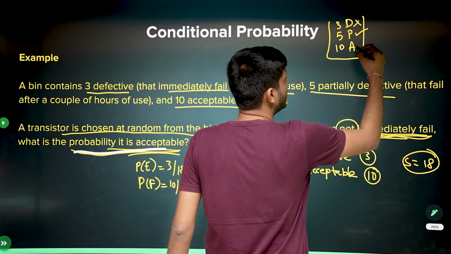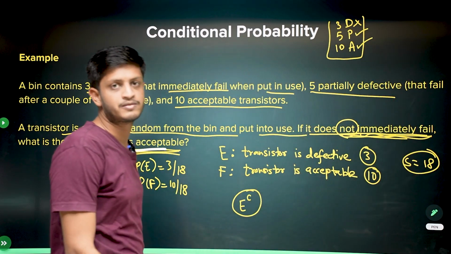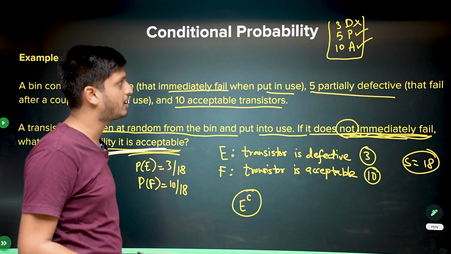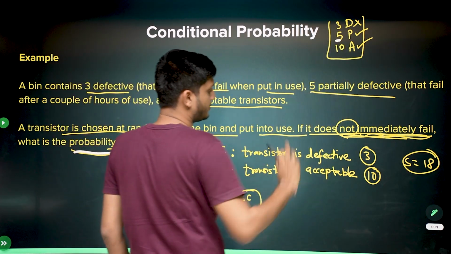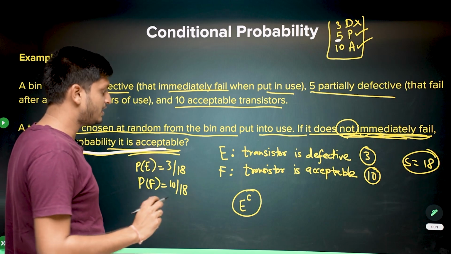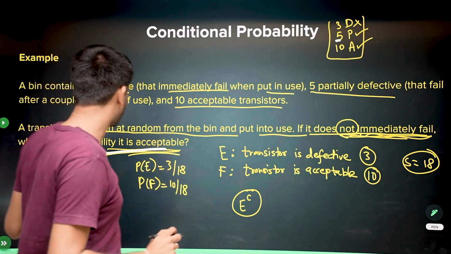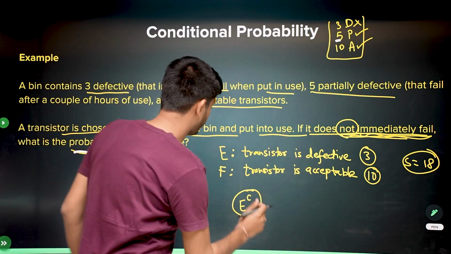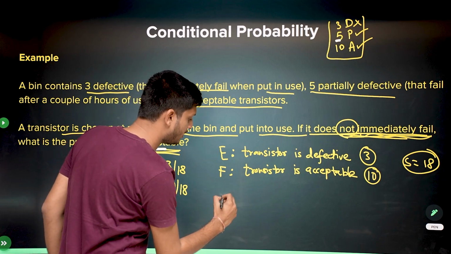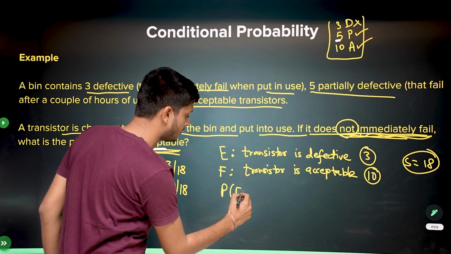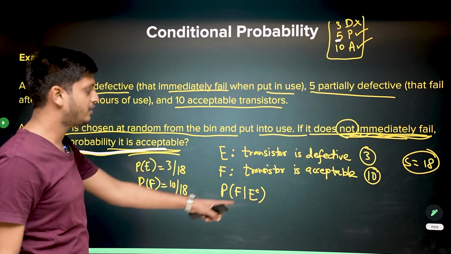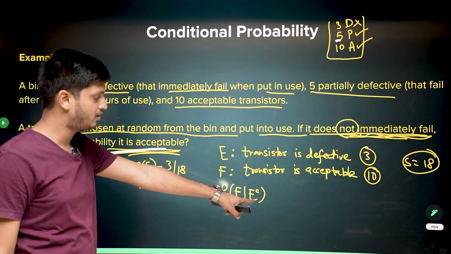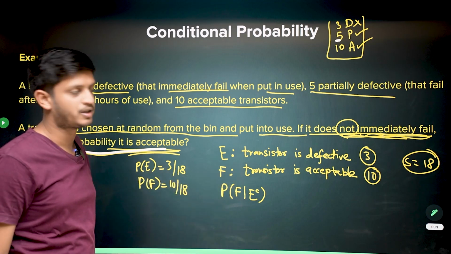It was either partially defective or acceptable. Given that E complement happened, what is the probability that it is acceptable? If you create this equation correctly, then your answer will be good. This is what we want: given that the transistor was not defective, what is the probability that it is acceptable?